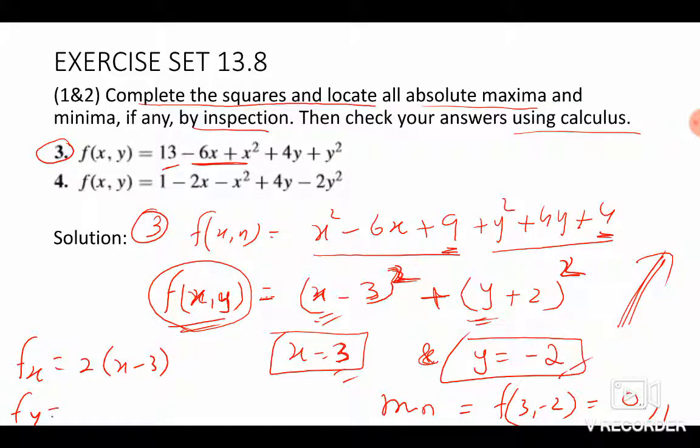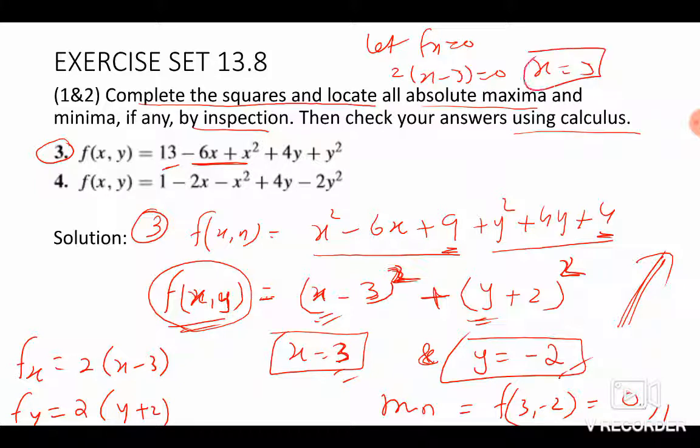What is fy? The first term will be 0, the second term is 2 times y plus 2. Let fx equal 0, what do you get? 2 times x minus 3 is 0, x is equal to 3. In a similar way, take fy as 0, you will get y is negative 2. So the critical point is 3 comma negative 2.